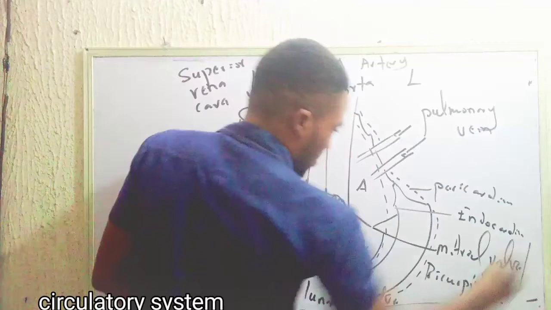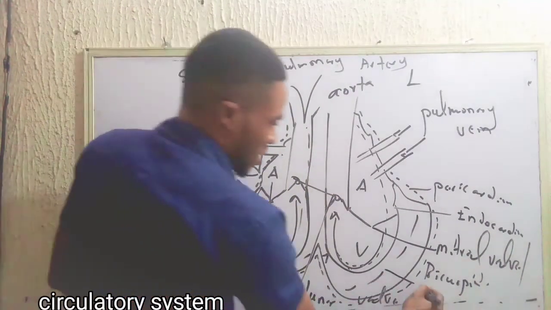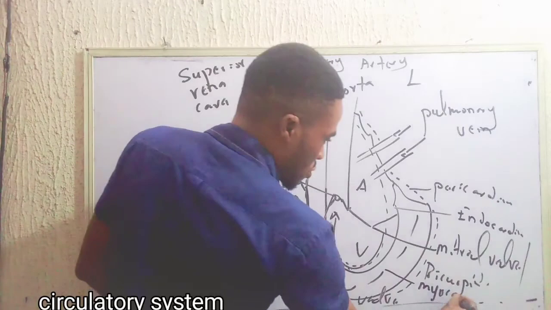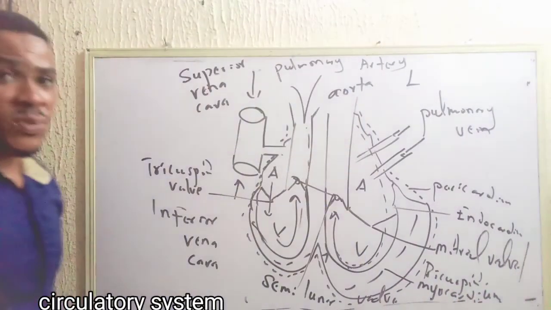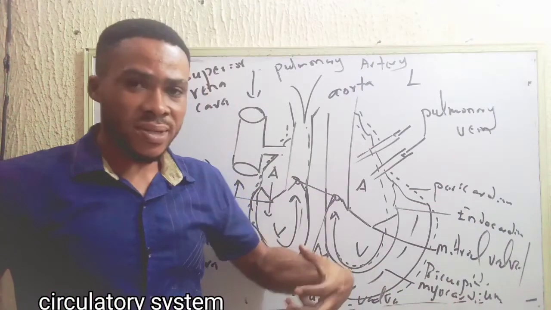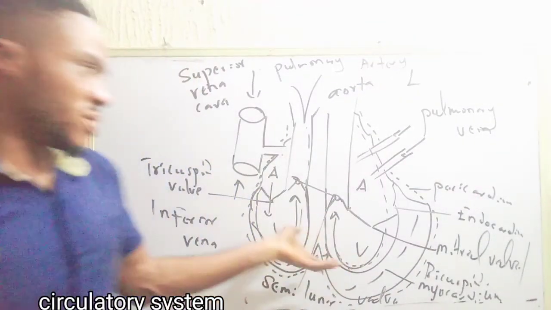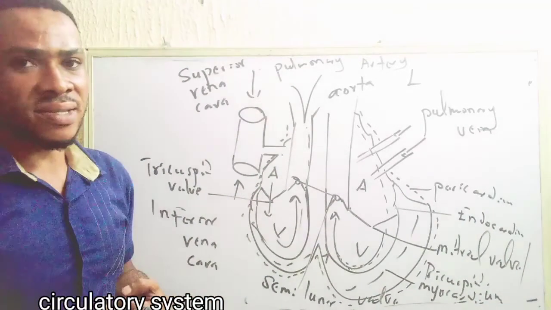While in between them is known as what? The myocardium. So these three layers, the pericardium, the endocardium, and the myocardium, work together to bring about the efficient expansion and contraction of the heart.